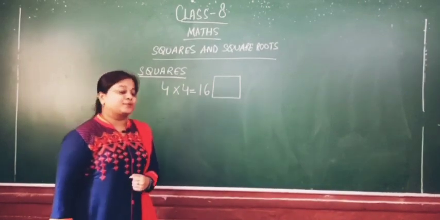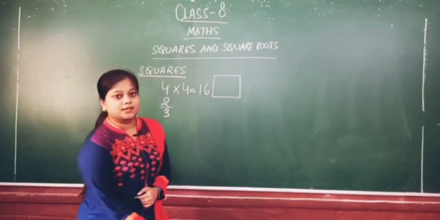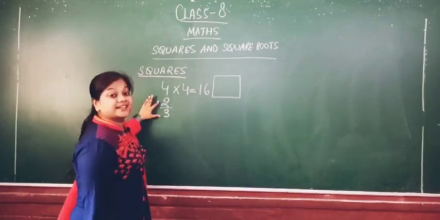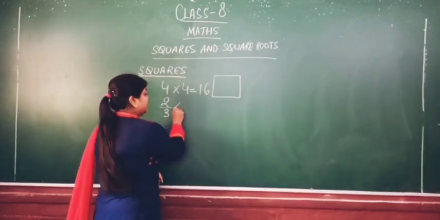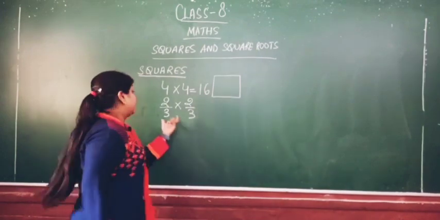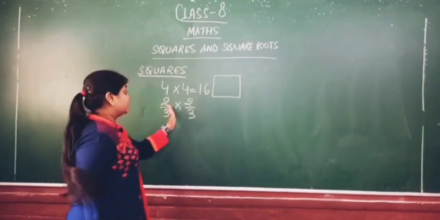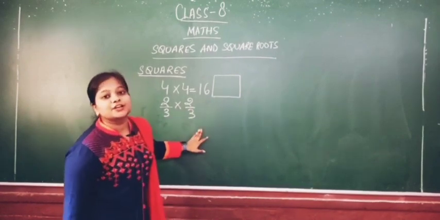Let's take another example. 2 by 3. Now 2 by 3 is a fraction. When we multiply 2 by 3 and 2 by 3, in this case the numerator is multiplied by the numerator and the denominator is multiplied by the denominator.